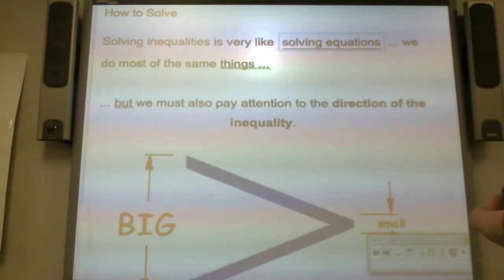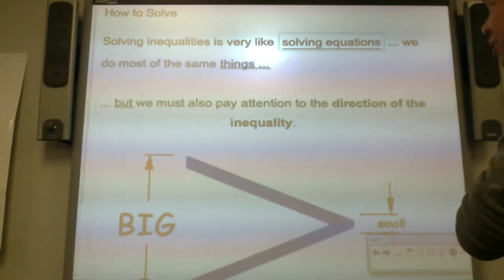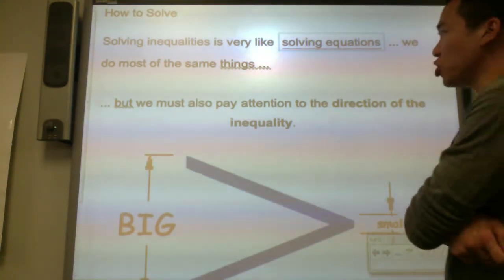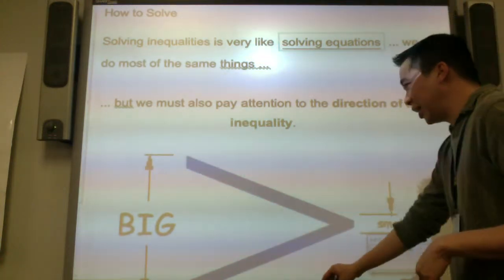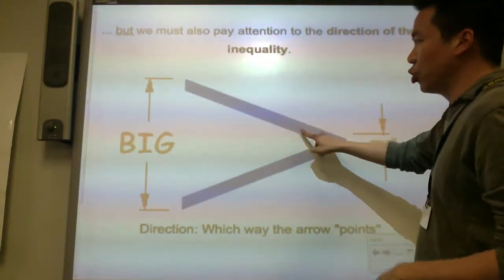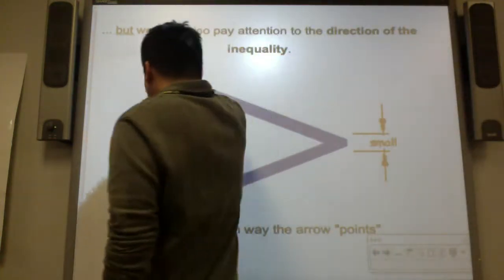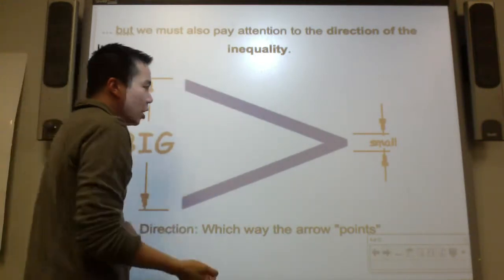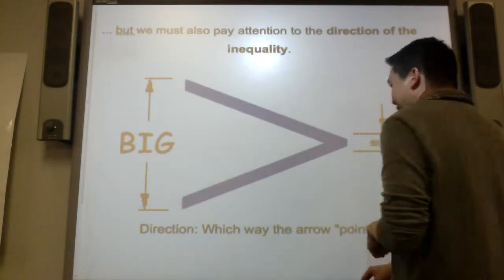So solving an inequality is very like solving an equation. We do most of the same things, but we also pay attention to the direction of the inequality. In elementary school, you learn that the bigger number is facing the inequality, while the smaller number is facing against the inequality.